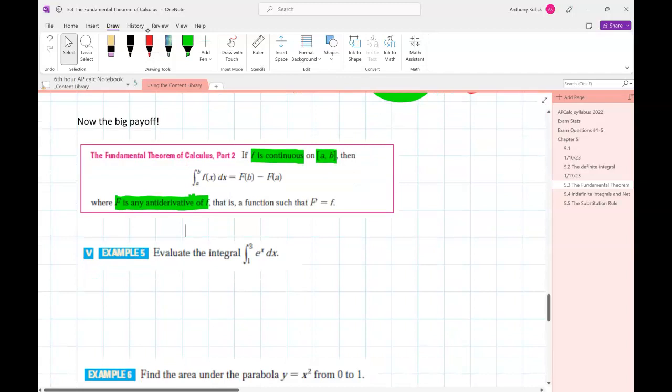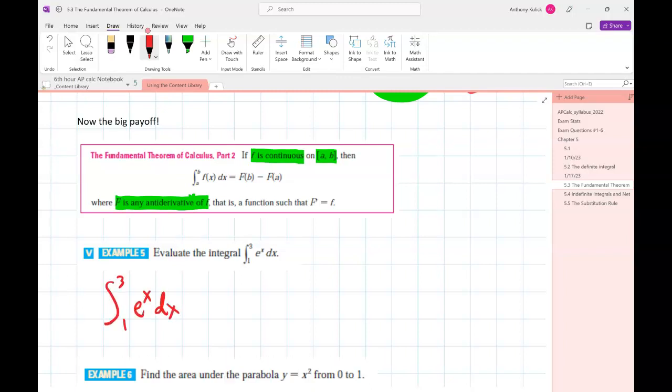So let's look at the integral from 1 to 3 of e to the x dx. Notice how little space I left to do this. It's because that's all the space I need. What's the antiderivative of e to the x? E to the x. And then I'll just evaluate that from 1 to 3.